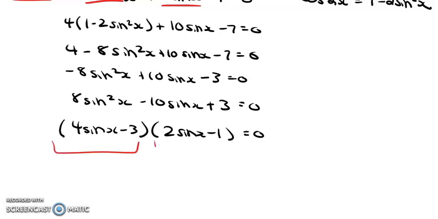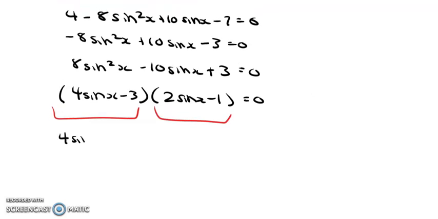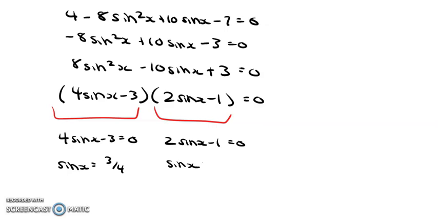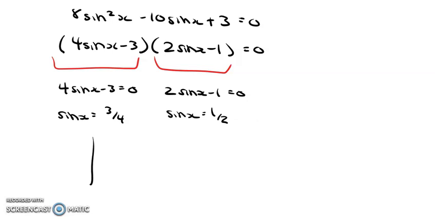Again, now I'm going to set each of these equal to 0. So 4 sine x minus 3 equals 0, 2 sine x minus 1 equals 0. Solving for each of these, I get sine x equals 3 over 4 and sine x equals 1 over 2. And then if I think of my CAST model, where is sine equal to these values?